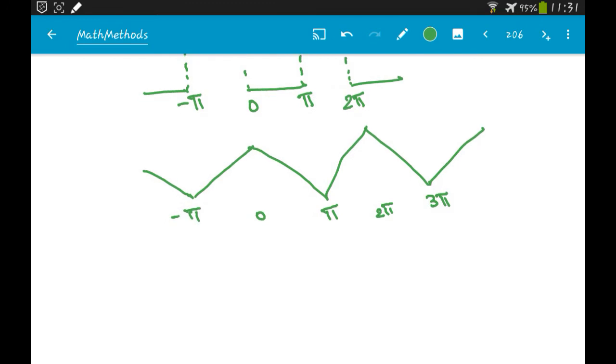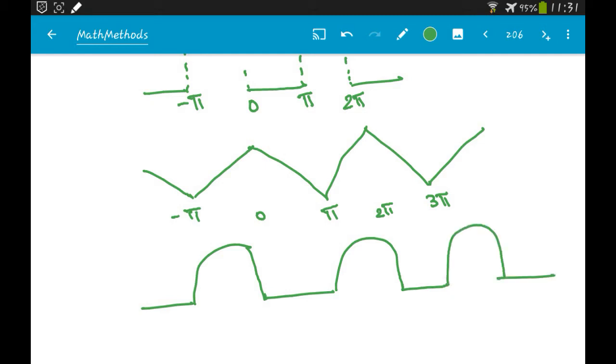Okay, and let's look at another function. Okay, this is minus pi, 0, pi, 2 pi, 3 pi, and so on.